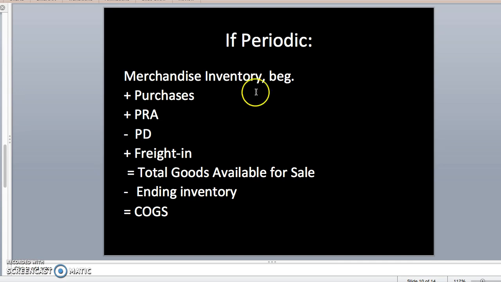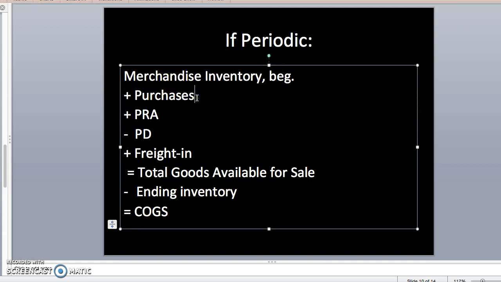But for the periodic inventory system, we do have the merchandise inventory beginning. This is a permanent account, or at least this is the ending balance of the previous period. And then purchases will refer to the additional purchase of merchandise. Purchase returns and allowances, oops, that should have been minus, okay.